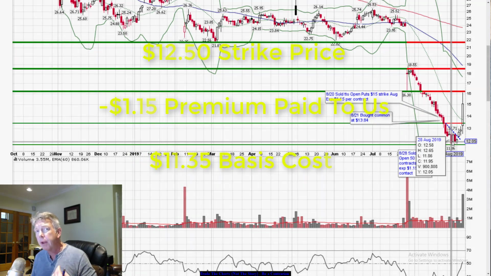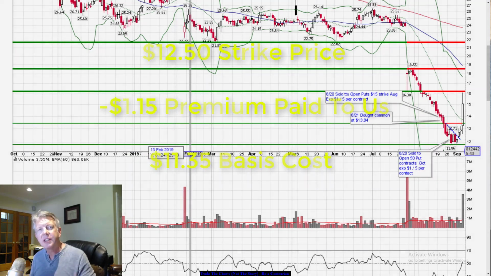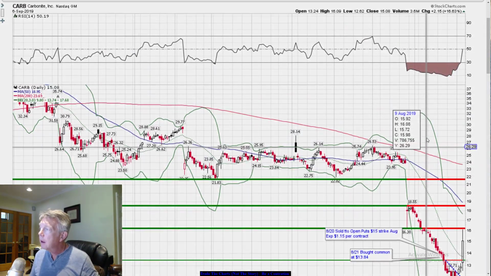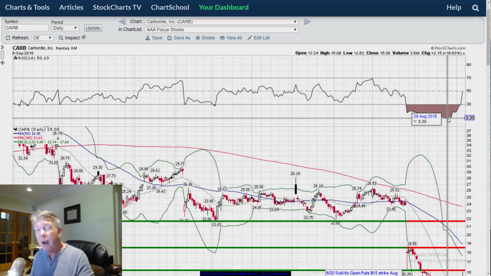So if those shares were ever put to us, our basis cost is $11.35. That's a great bargain, especially for a stock that was trading at the time with RSI below 10. Right? So it was a no-brainer. So we brought in $1.15, multiply that times 5,000, and you get your number.